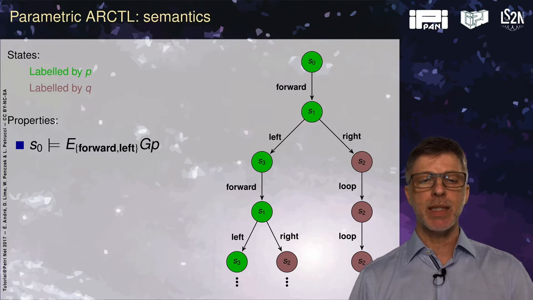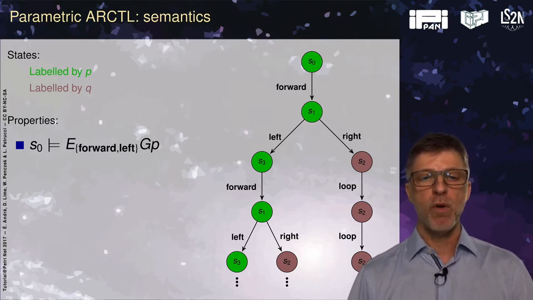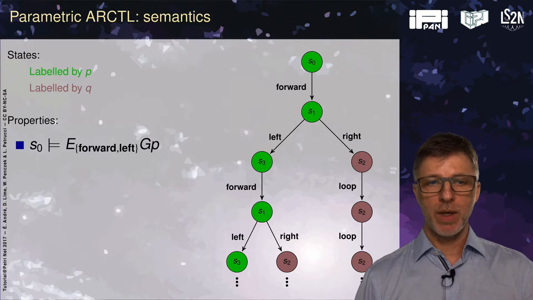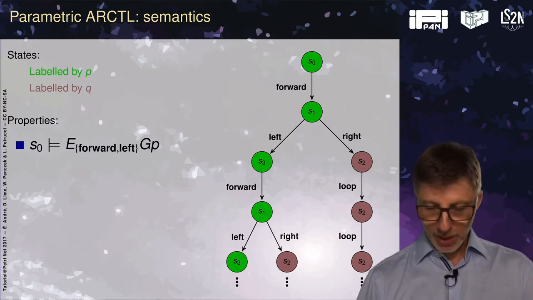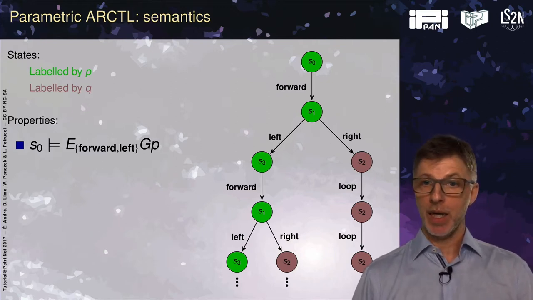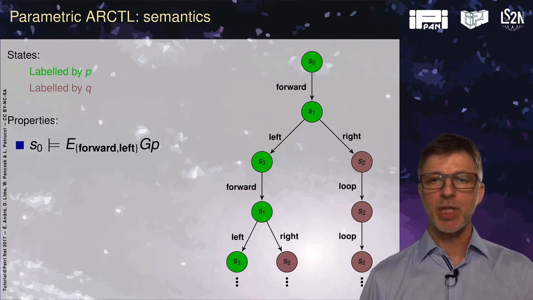The first property says there exists a maximal path over forward and left such that always P holds. So one can find out that the formula holds in the beginning state because there is a path, marked in green, which starts in that initial state.